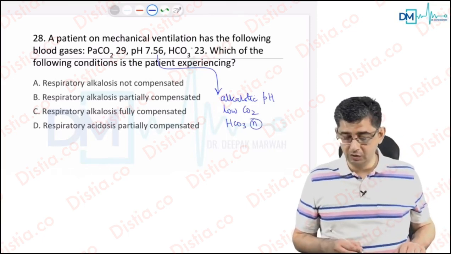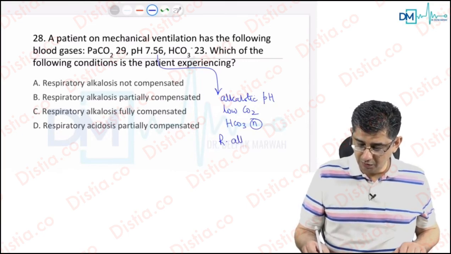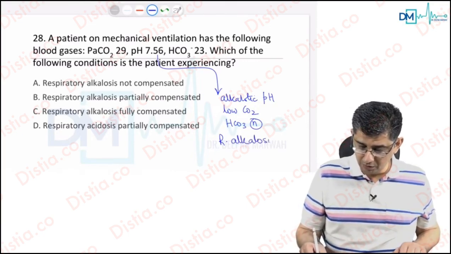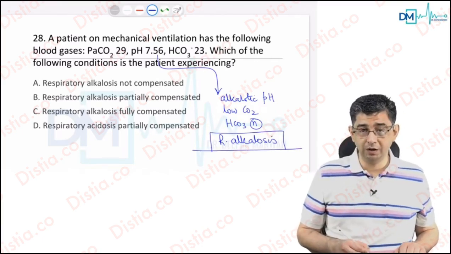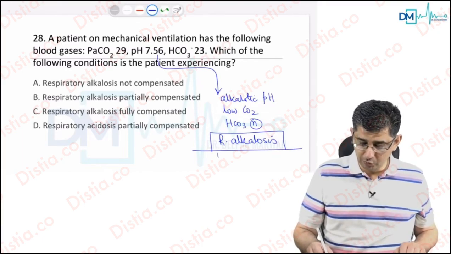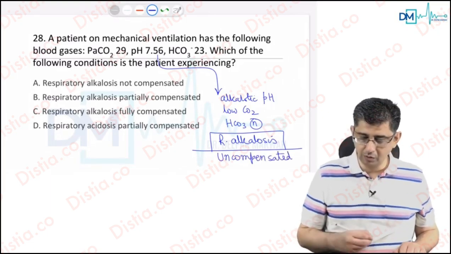This means that in this person there is a respiratory alkalosis developing. There's a hyperventilation going on due to mechanical ventilation, so he is losing carbon dioxide. But at the moment the bicarbonate values have not begun to reduce. So therefore in this fellow there will be an uncompensated respiratory alkalosis present.